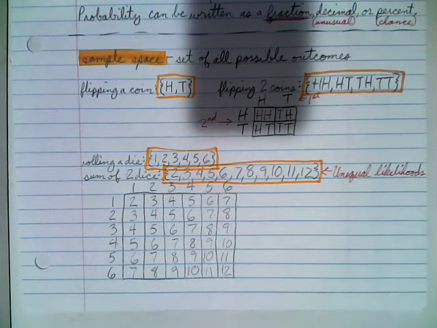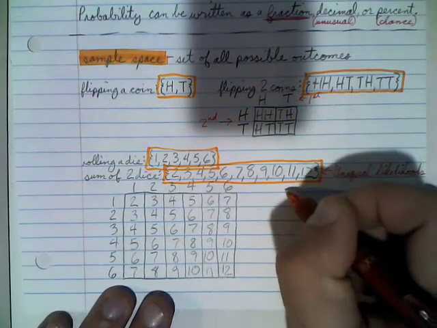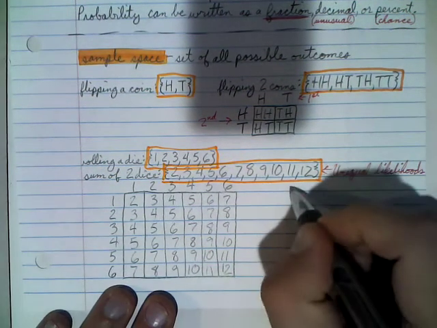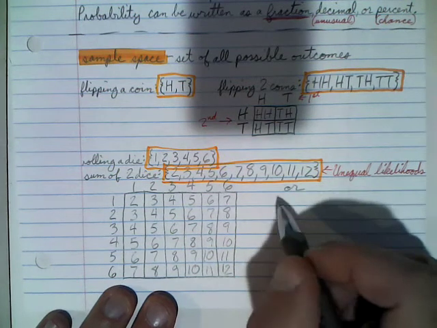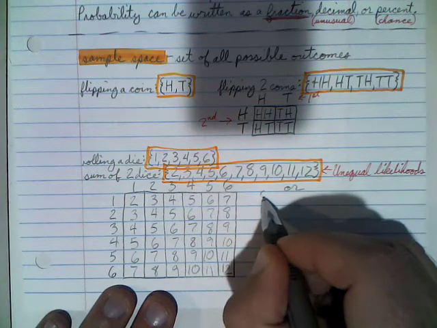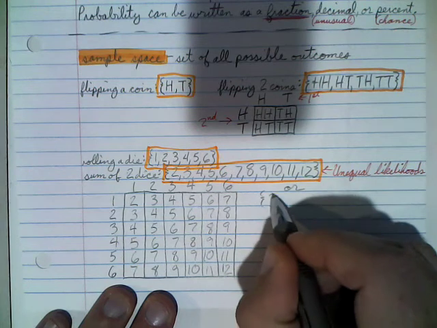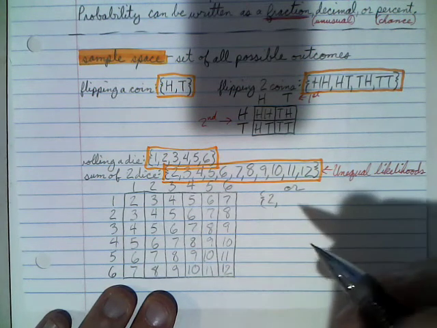So another way of writing this sample space would be to write it with equal likelihoods. So the way to do that is to represent everything in the chart.